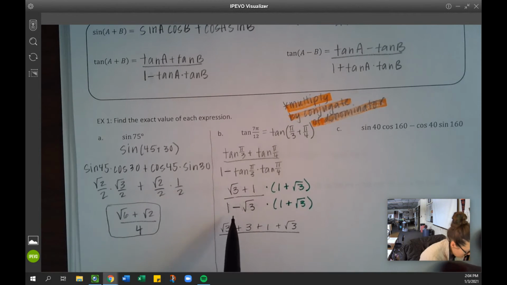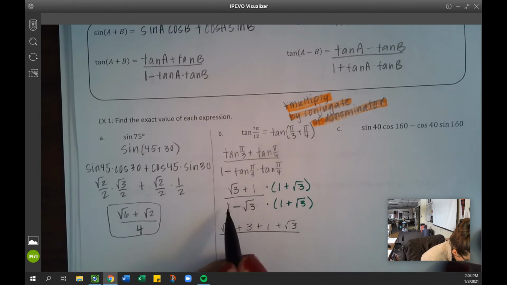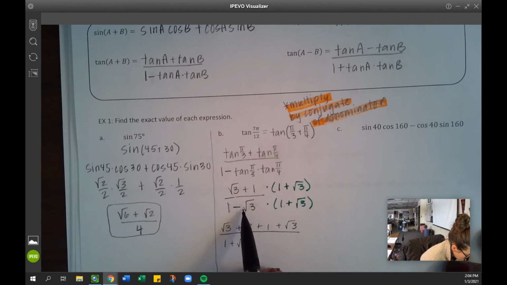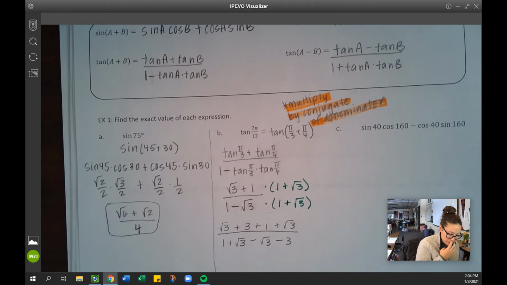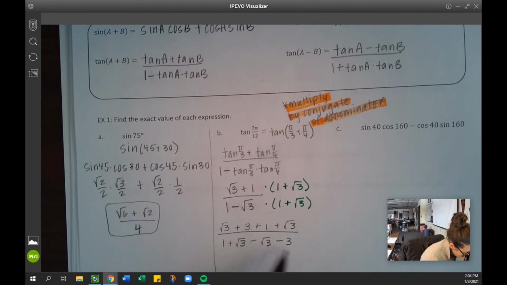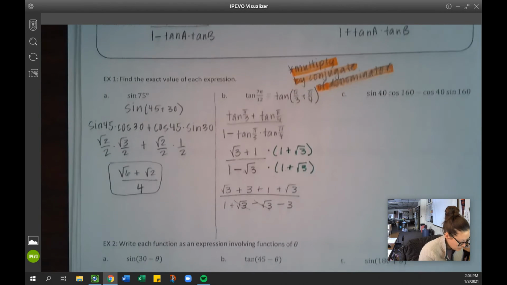All right, I'm going to multiply out the bottom. 1 times 1 is 1. 1 times square root of 3 is square root of 3. This gives me negative square root of 3. And this gives me minus 3. Okay, now this is why we multiply by the conjugate, because now the square roots on the bottom are going to cancel out.